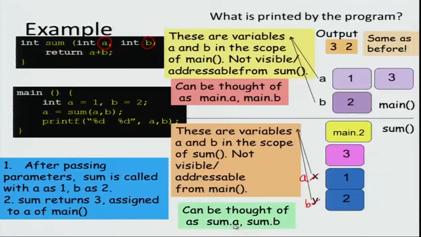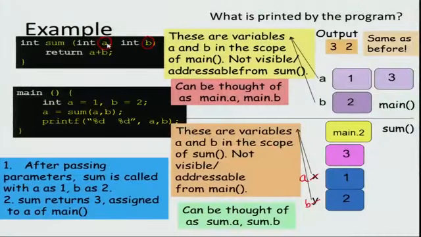So, they are the a variable belonging to sum and the b variable belonging to sum. Even though you would think that this a and this a might get confused, they are actually different variables. One is the a variable belonging to main and the other is the a variable inside sum, and they are different even though they have a common name.